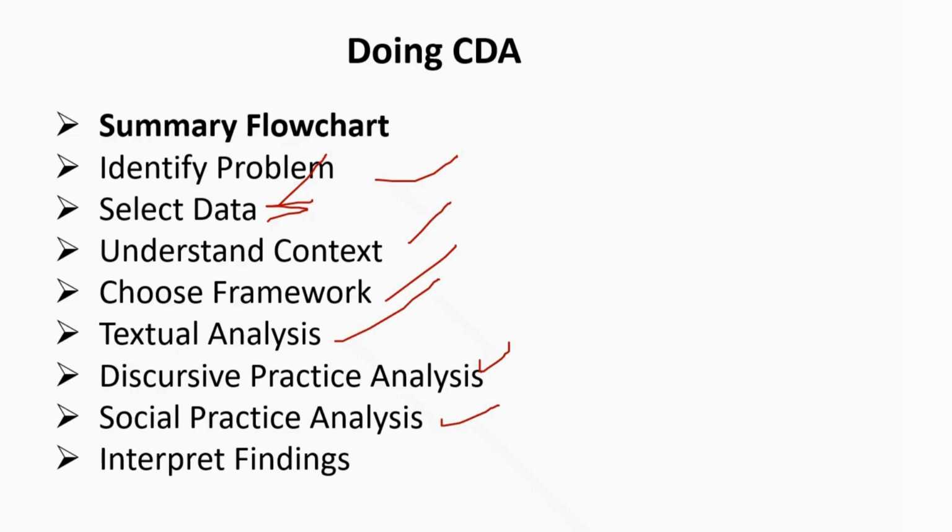What kind of ideologies are they supporting? The next step is to recommend change, or what you recommend for future studies or for the policymakers. What are your recommendations? So these are the steps that can be followed while doing critical discourse analysis.